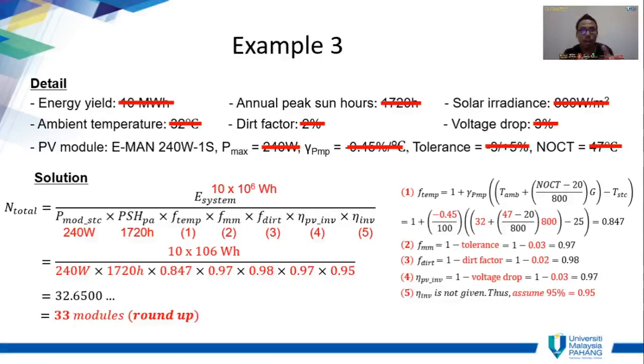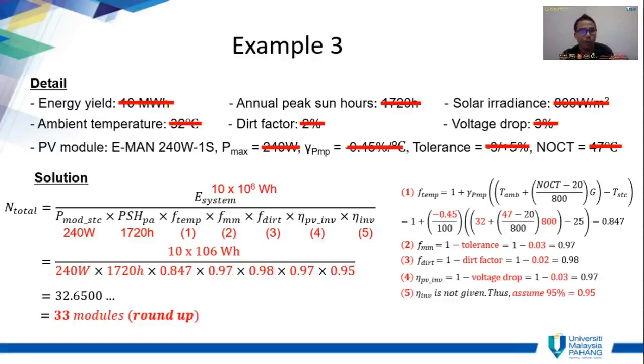If you cannot achieve that, you are going to be penalized by the electricity provider, because you have made a contract already. So we cannot get less than that. The key point here is you cannot get less than that. So you must achieve that level. You must have 32.65 modules in order to achieve the 10 megawatt hours of energy yield.